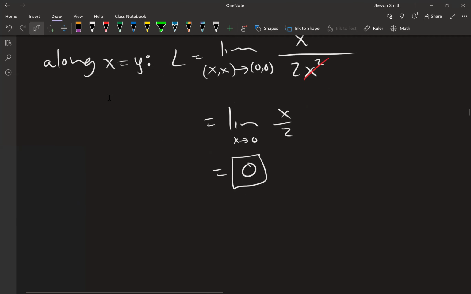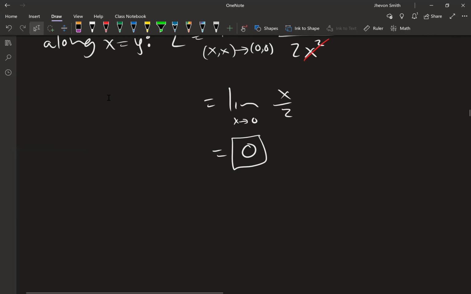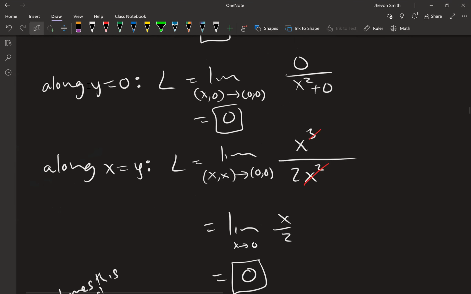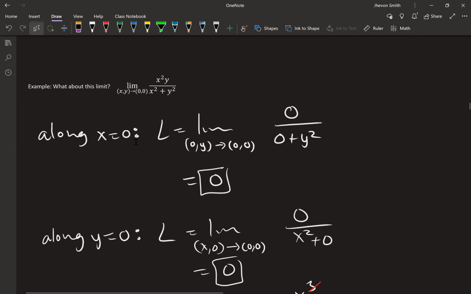You know what? Sometimes approaching at a slope can change things. So this is a strategy that you can try sometimes. Sometimes this works. So not along x equals y, but along x equals, say, ky, a constant times y. Your limit would look like, say ky is everywhere.